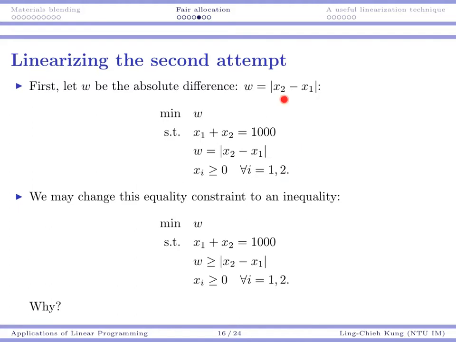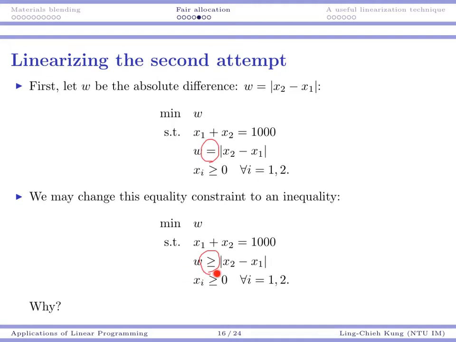So from the original formulation to here, nothing is different. And then I still want to deal with this absolute value function. I look at this constraint and I realize that I can change the equality to an inequality. Why?